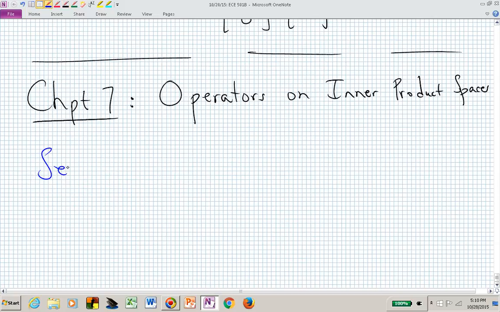And let's then talk about this special notion of, now that we have adjoints, which don't have to be an operator, let's make them an operator and see what it means for that operator to be self-adjoint.